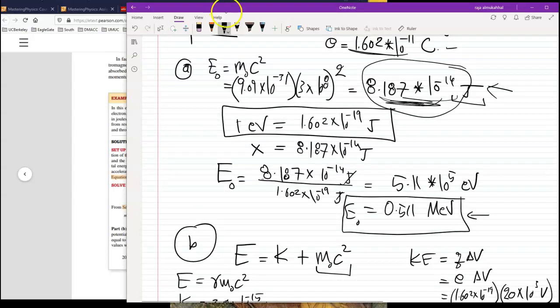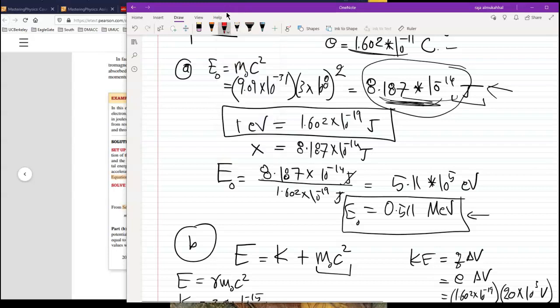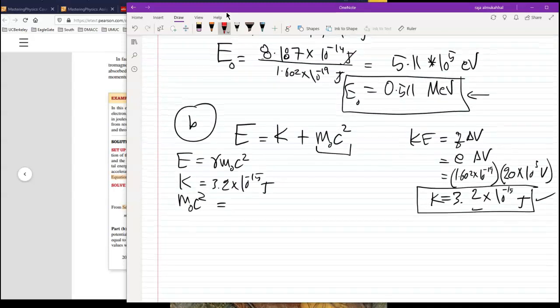Let me change to a different color, I don't want to confuse it with all that clutter. There it is, this is m naught c squared, equal to 8.187 times 10 to the negative 14 joule.